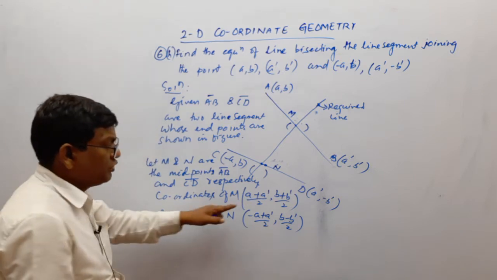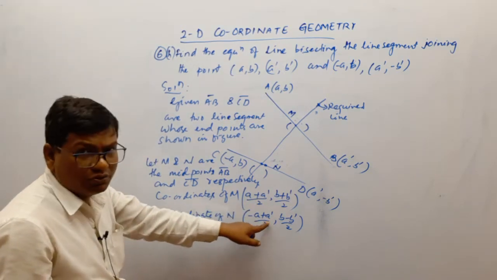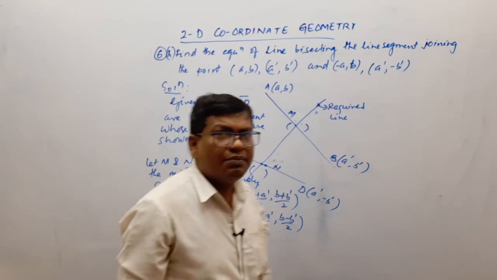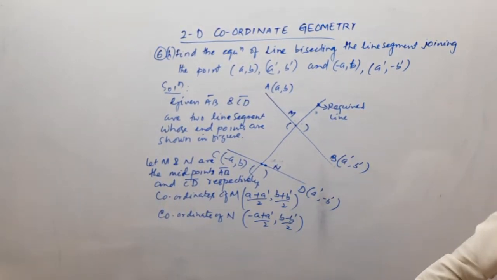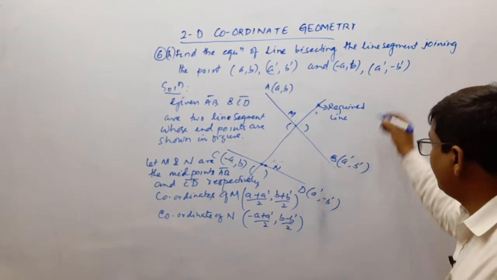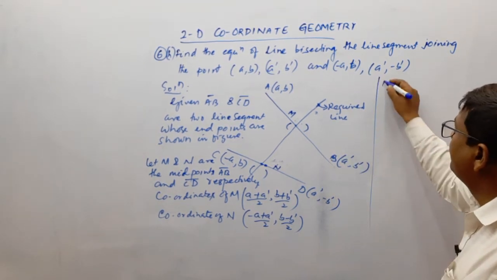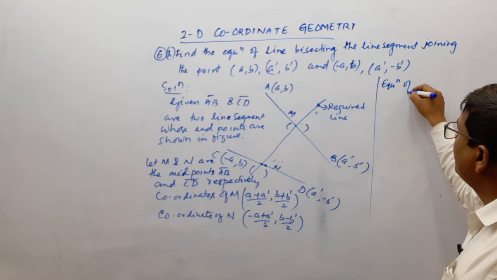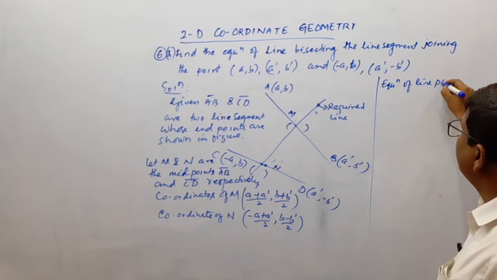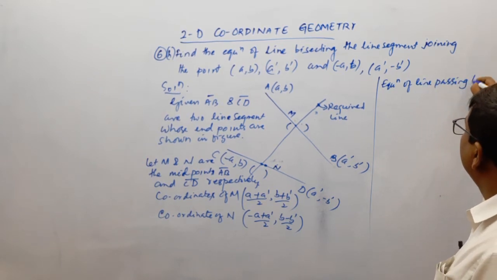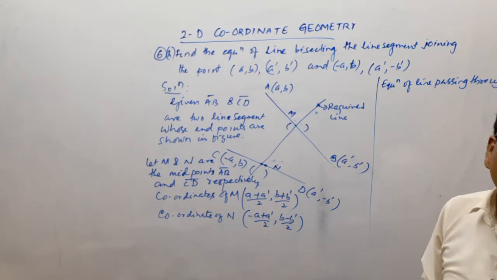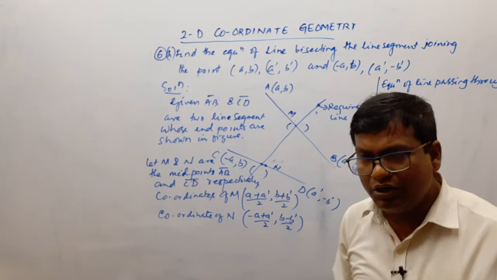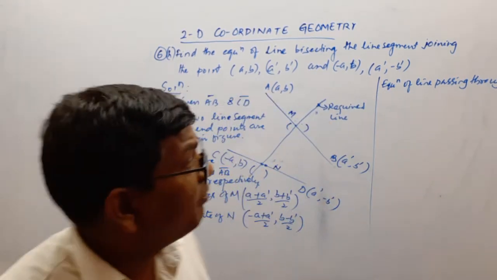Consider this as x1 y1 and this as x2 y2. Now the equation of the line passing through the points M and N.